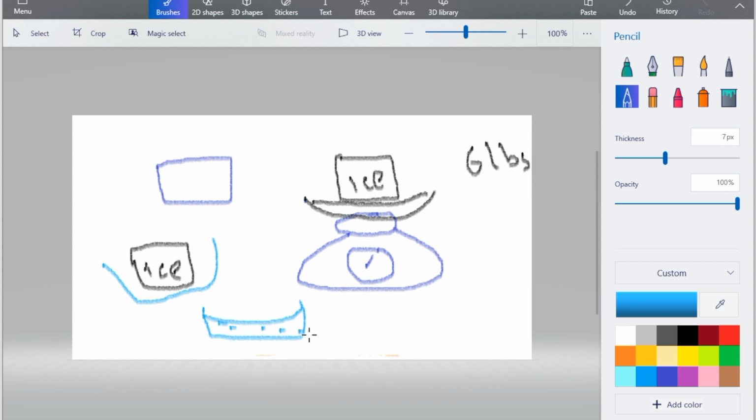Then you are going to take this water right now and place it. Let's see if I can get rid of this ice just by itself. Oh, that worked. Now I'm going to place this little container like that.